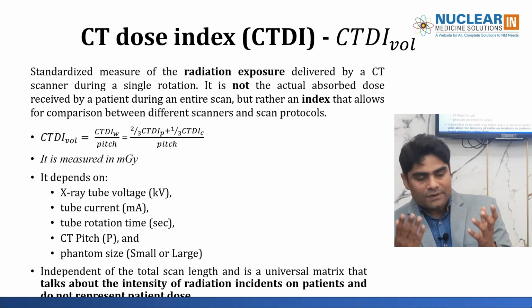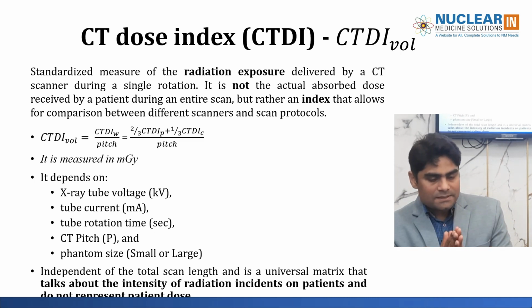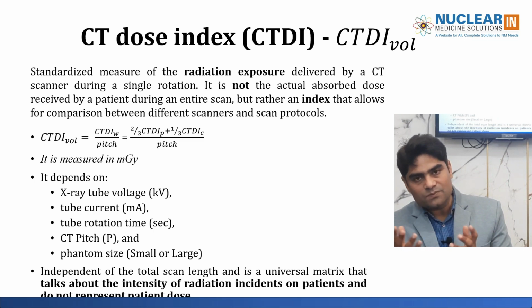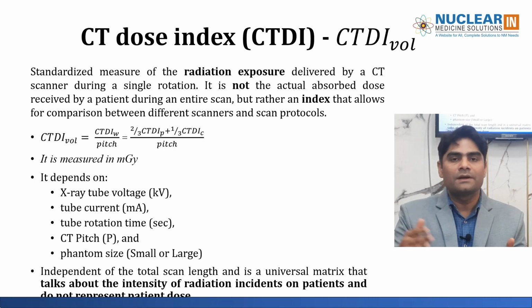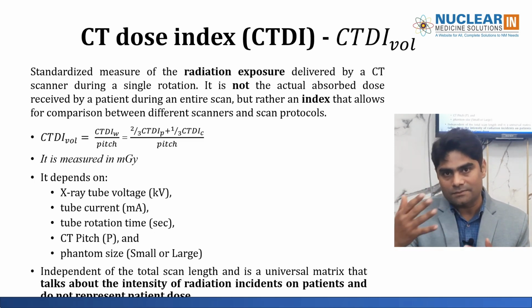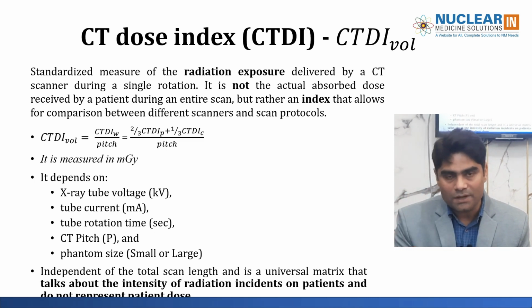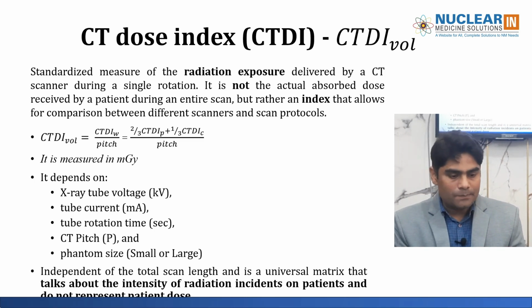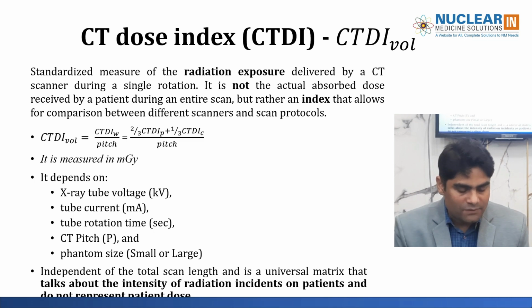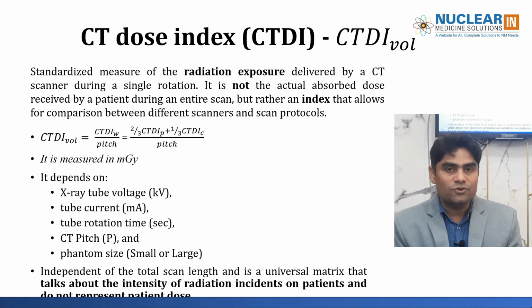It is generally a weighted average of the peripheral and central dose indexes, and the pitch, which means the speed at which the table moves in comparison to the CT head rotating around the patient. This CTDI vol depends upon several factors: the tube voltage, kV, tube current, mA, tube rotation time, CT pitch, and the phantom size.